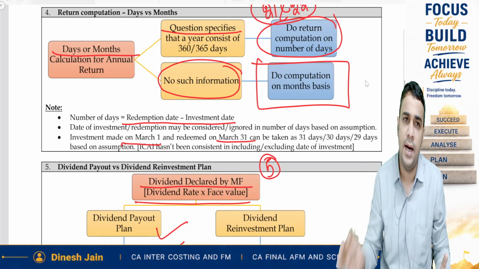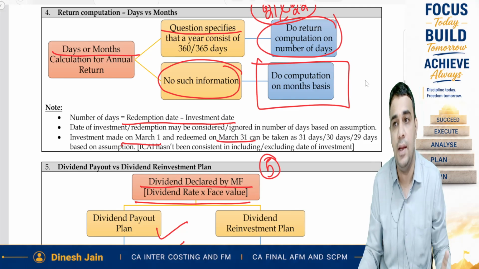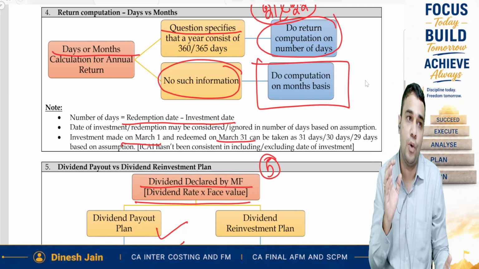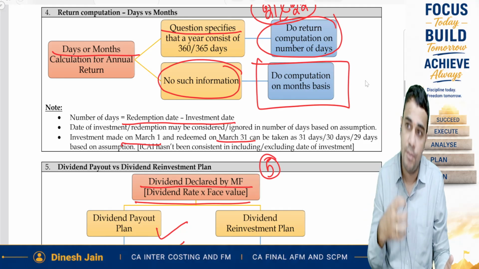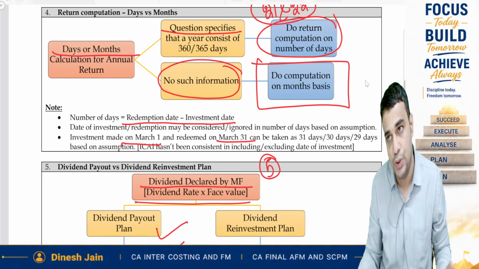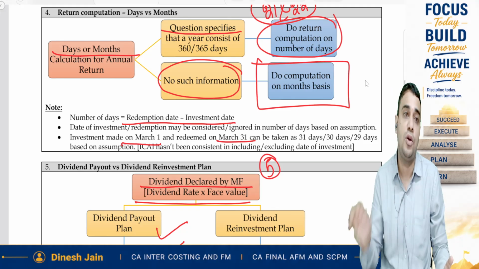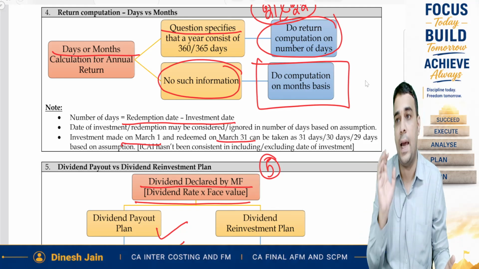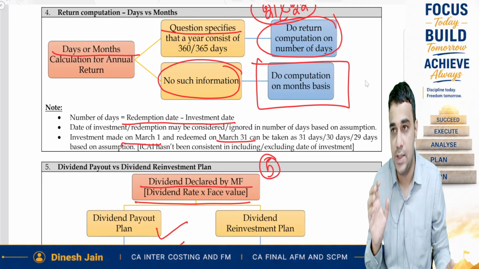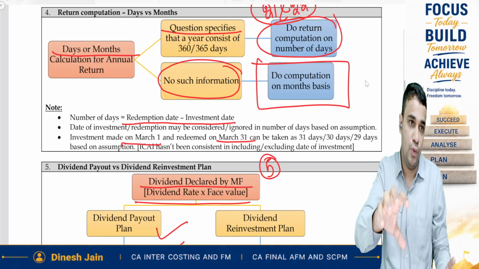We proceeded and understood dividend reinvestment plan. Under the dividend reinvestment plan, the dividend income comes to us and it is reinvested into additional units. So here I'll have to first get the closing units. To get the closing units number, we do a calculation: date, dividend rate, opening units.